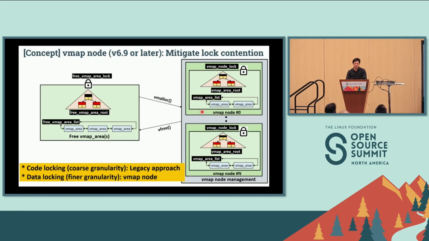So in a short summary, the legacy approach uses a global lock for the data locking, which is the coarse-grained locking method. In contrast, the enhancement with vmap nodes uses multiple locks, offering finer granularity. So this reduces the lock contention greatly. I will show the data later.